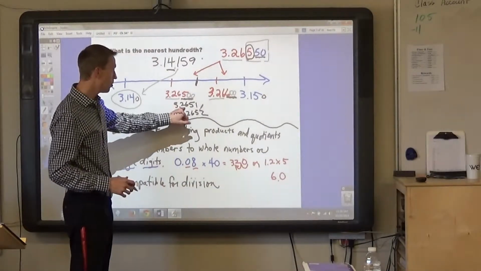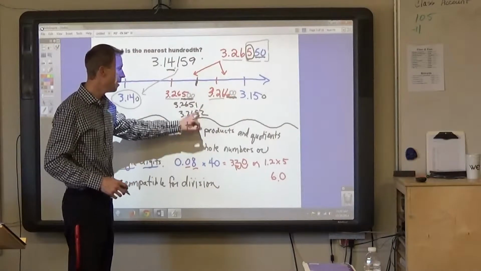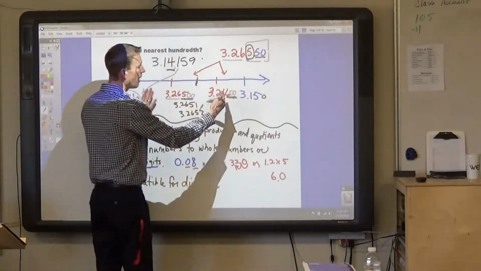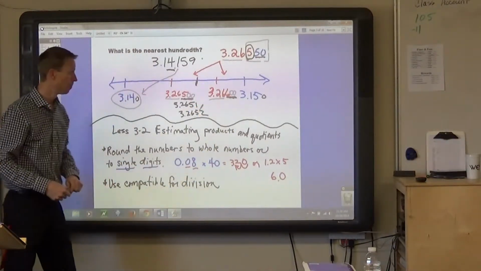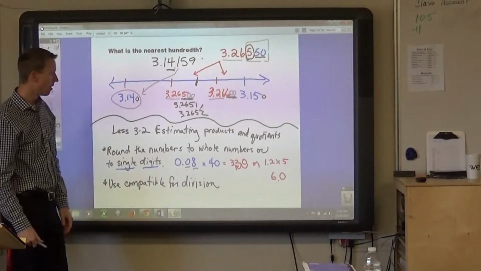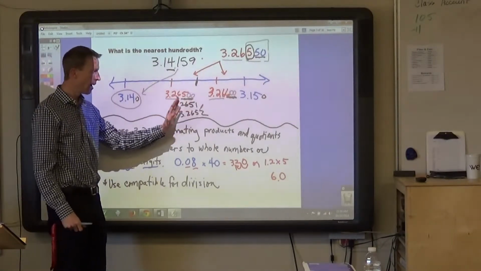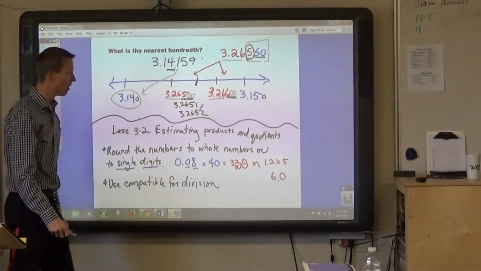There's 3.26512, 13, 14, and you can do the same thing for any numbers that are on the right side of the decimal point, that are less than 1. You can put zeros at the end and find numbers that go between them.